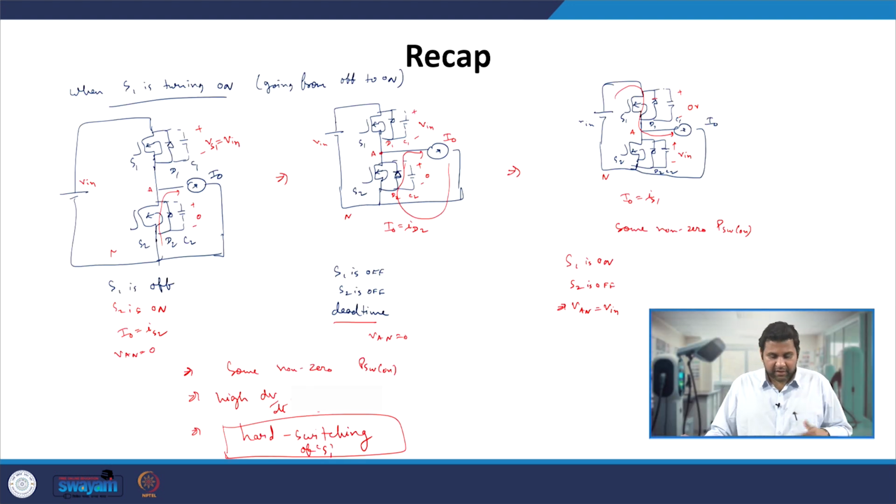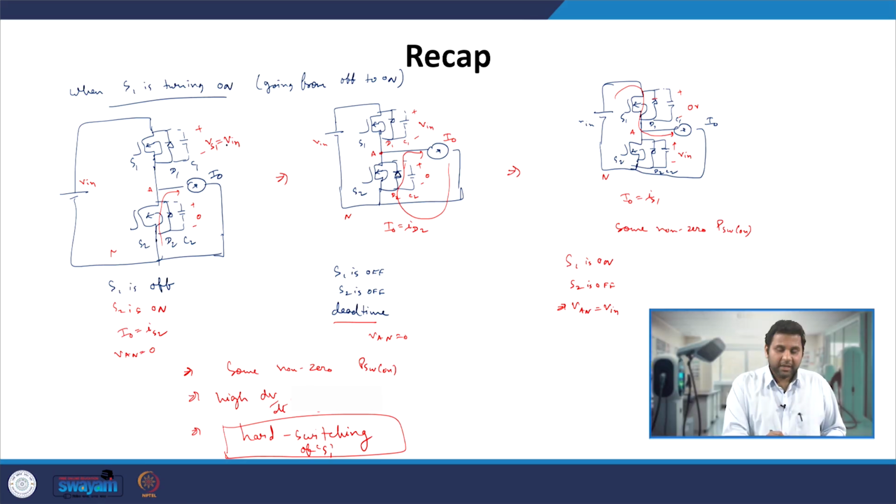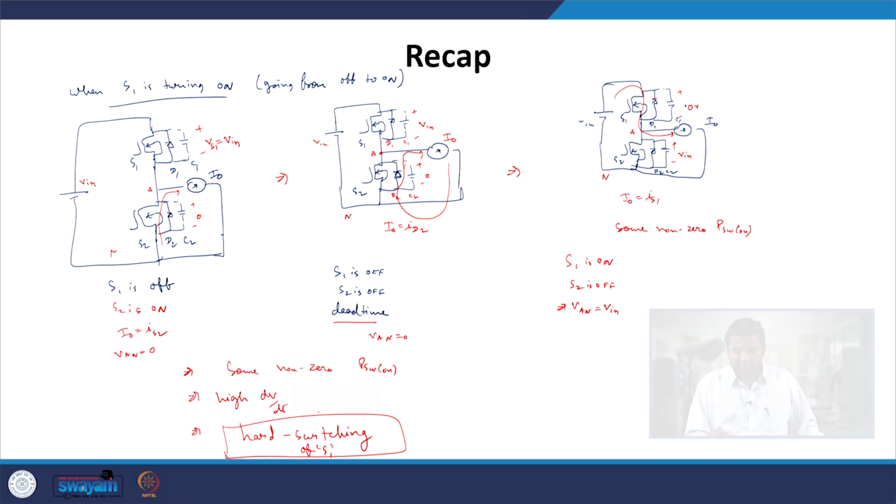Then we have seen that whenever S1 is turning on, it turns on with the full voltage across it. There is no way by which the capacitor gets discharged from Vin voltage to 0. So the channel is formed, and the Vin voltage which was there will be discharged through this channel.